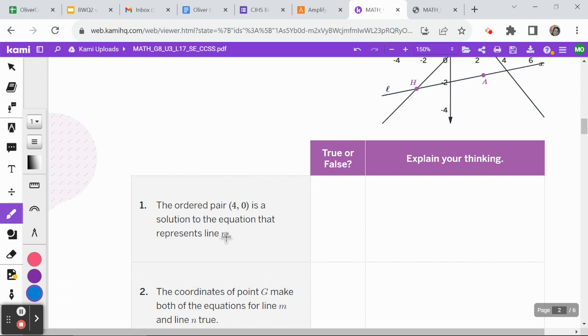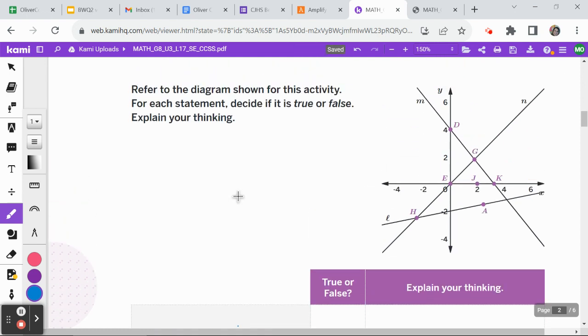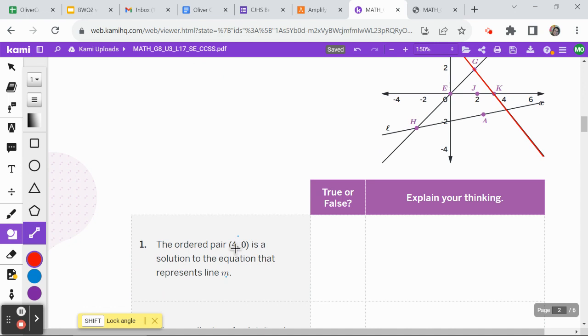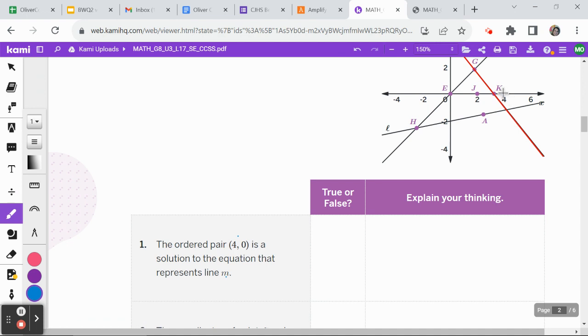So this one wants line M and wants us to see if 40 is on that. Okay, so line M is this one right here. I may even change the color just so that it sticks out. So this is the line we're looking at. It wants to know, is 40 on that line? Well, 40 is right here. So is that on the line?